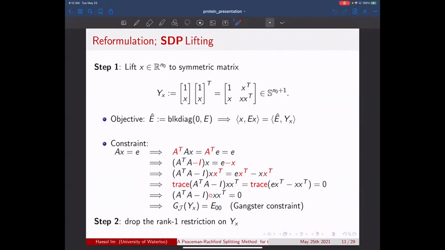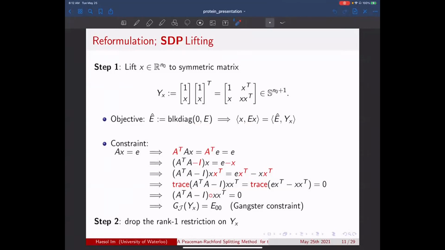Because we changed our variable, we need to make some modifications to the objective and the constraint. For the objective, we form this block matrix, putting 1, 0 at the top left corner. Then the objective function is now equal to the trace inner product of two symmetric matrices.